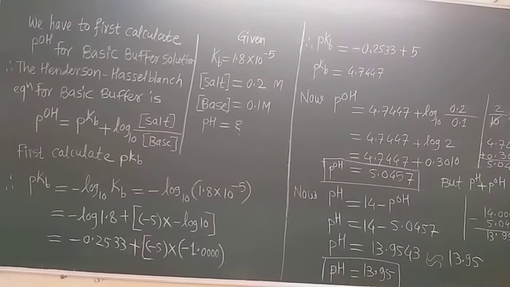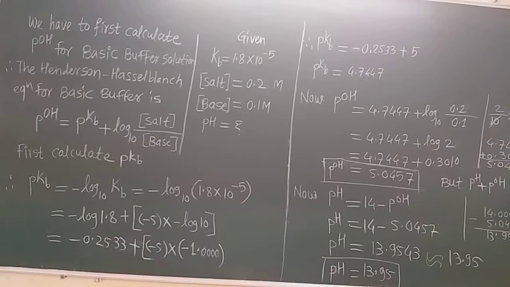Now again, pay attention students, on the blackboard. What is given in problem number 3.10? Let us see what is given. They have given us the value of Kb, the dissociation constant of the weak base, as 1.8 into 10 raised to minus 5.